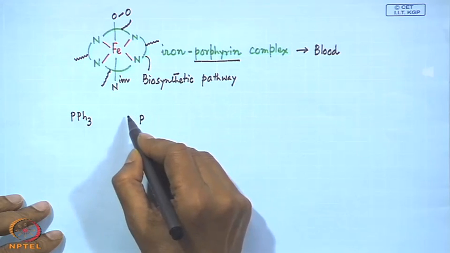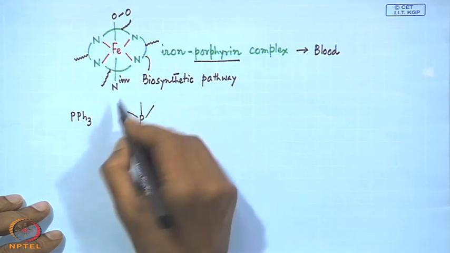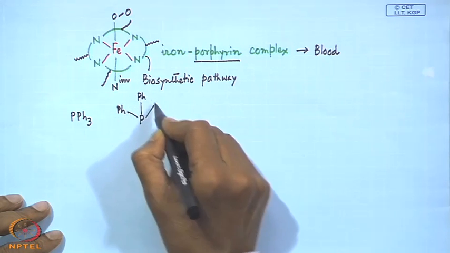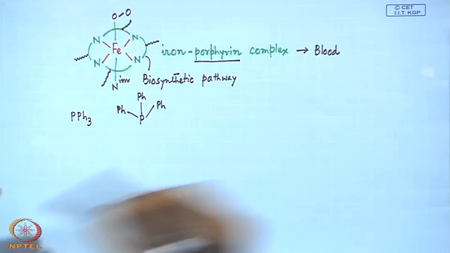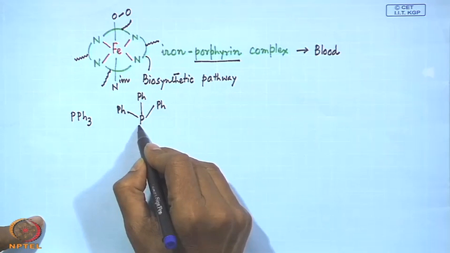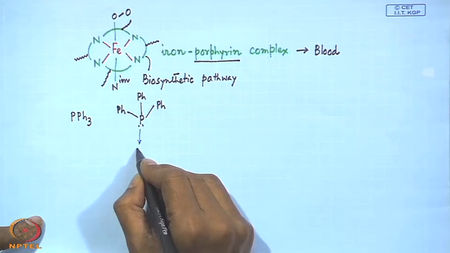Phosphorus is there, like in ammonia, with 3 phenyl rings attached to this phosphorus, and the phosphorus lone pair is being donated to the metal center.